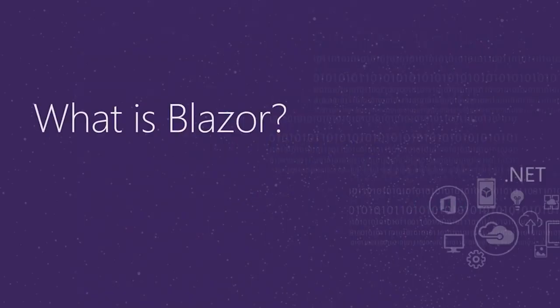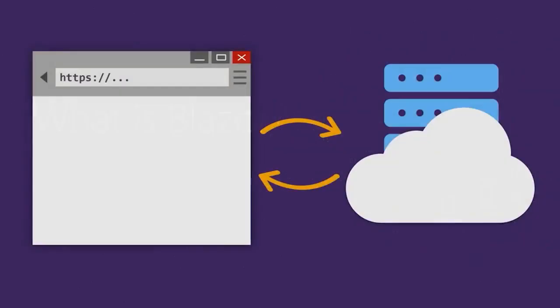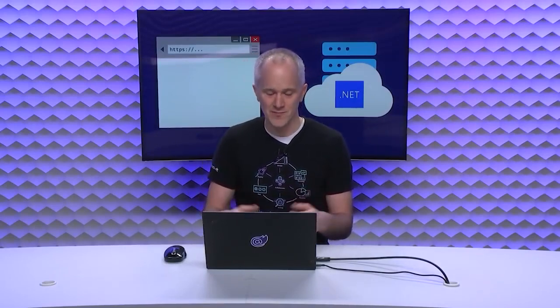So what is Blazor? Well, .NET has always had a great story for building web applications with ASP.NET. In a typical .NET web application, you take your .NET code, you stick it on a server, and that code then generates HTML or JSON responses in response to browser requests.